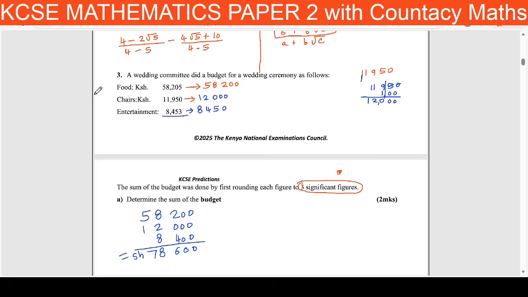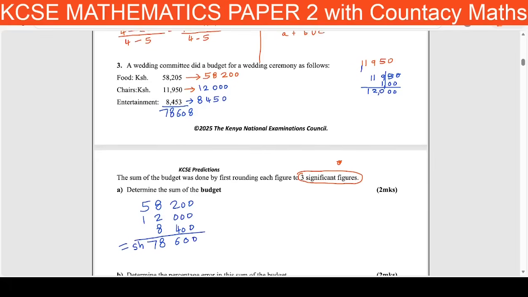That's going to give us 78,608. That's what we get because it is 58,205, 11,950, 8,453. It's always good to confirm that you really added it correctly.